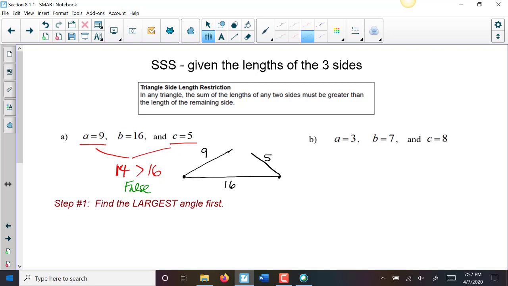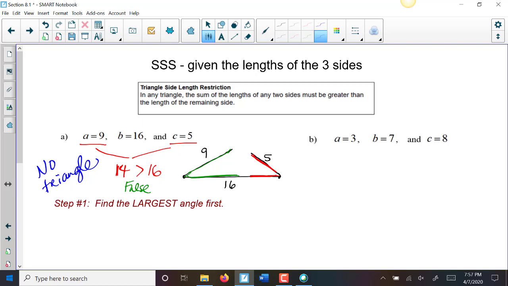So you could kind of think of it as if I put this side down flat here, and I put this side down flat, then if there was no angle at all, they don't even touch. Okay, so there's no triangle here, meaning there is no solution. I can't find a triangle with those three sides because it won't meet.